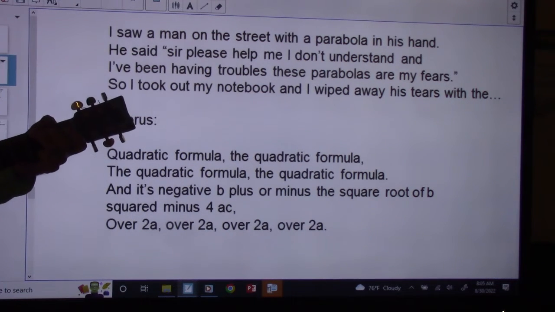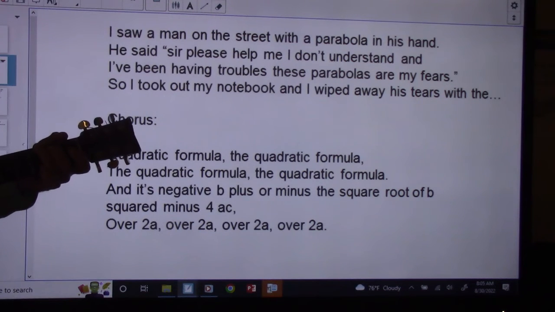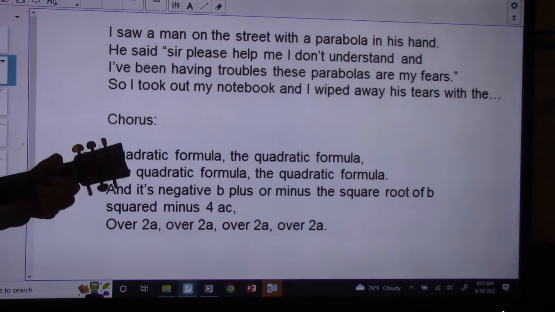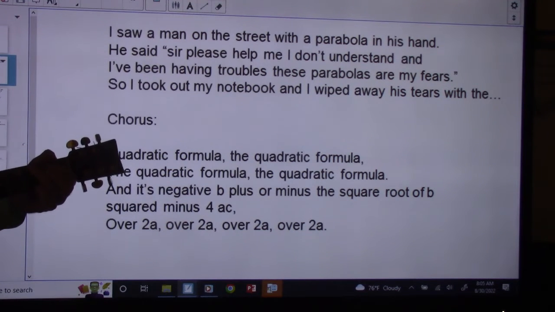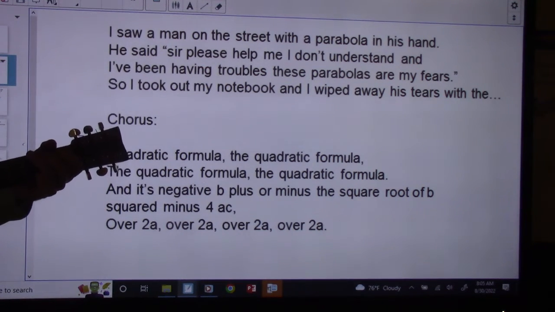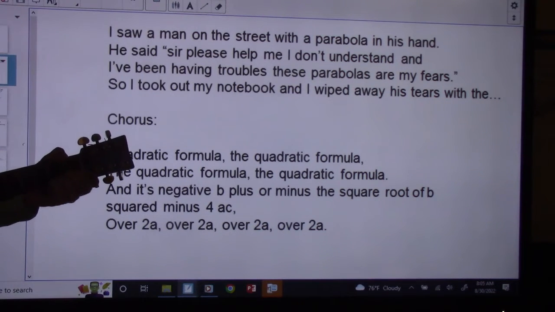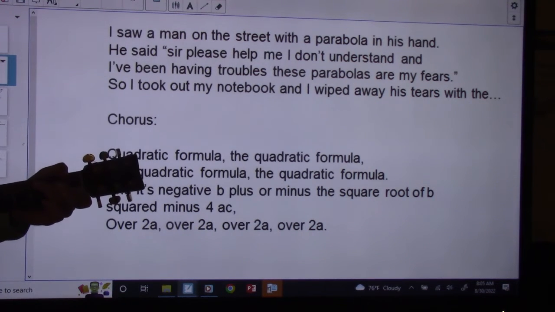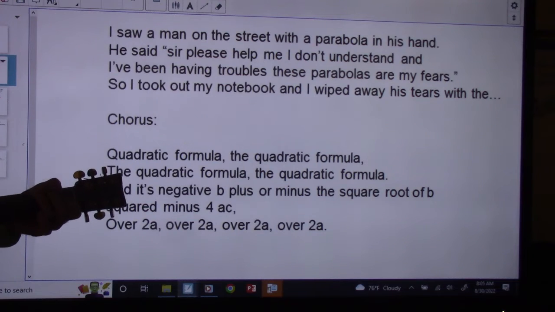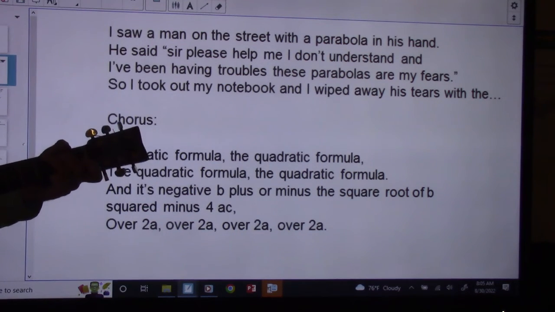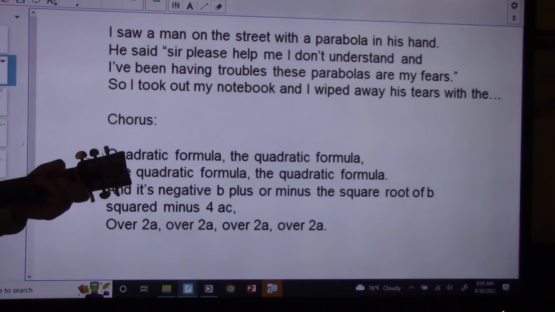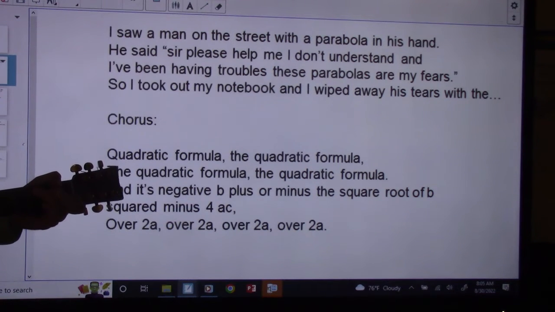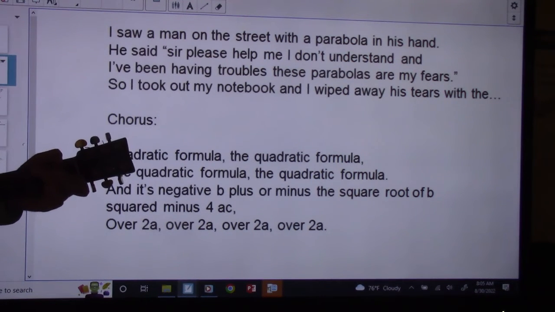I saw a man on the street with a parabola in his hand. He said, "Sir, please help me. I don't understand, and I've been having troubles. These parabolas are my fears." So I took out my notebook and I wiped away his tears with the quadratic formula, the quadratic formula, and it's negative b plus or minus the square root of b squared minus 4ac over 2a.